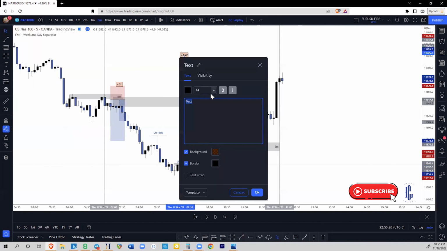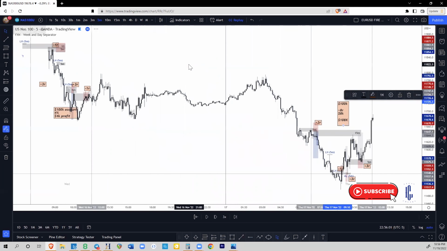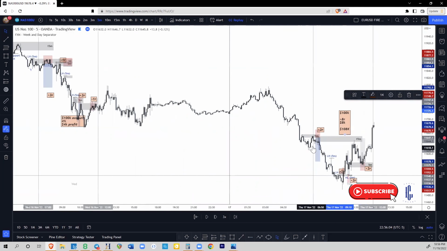To summarize, if you had a 100K trading account and you added 8R, it means that you just added 8K, which means in the last two days, 8,000 plus 4,000, you made 12K profit. Simple. 108K here, 104K.